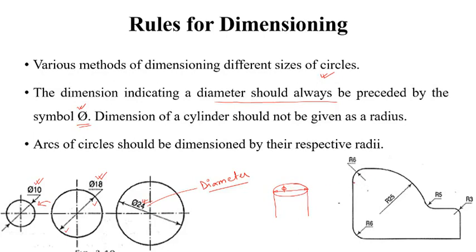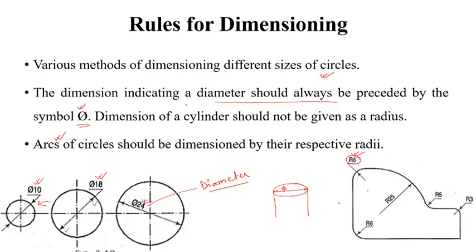Now the radius is placed if we have arcs of a circle. So arcs of a circle should be dimensioned by their respective radii. Is it clear? So here you can see, this is one arc, this is another arc, this is another arc. So these are all the arcs. When we have arcs, then we represent them with the help of the radius.